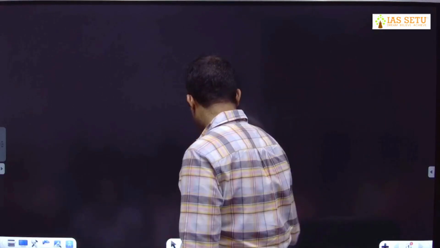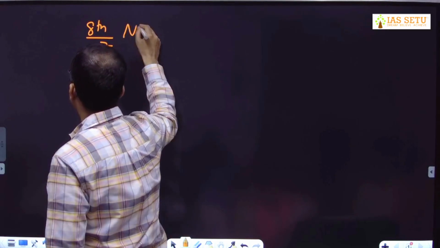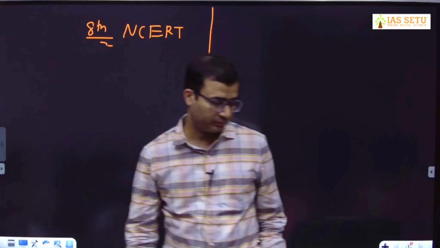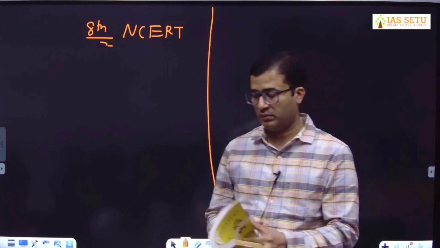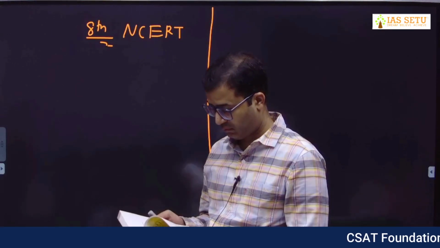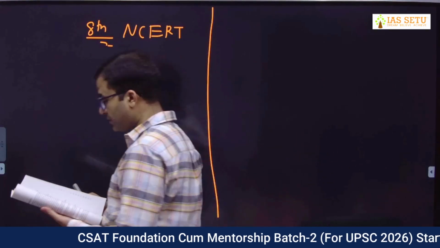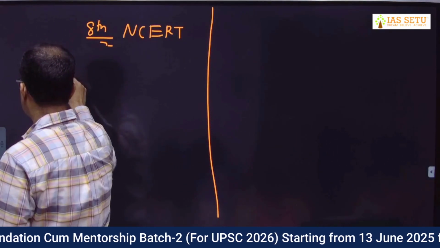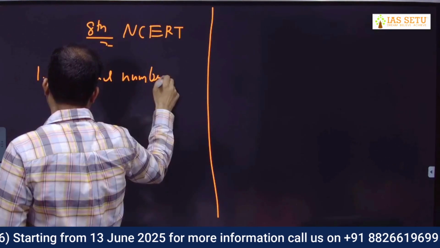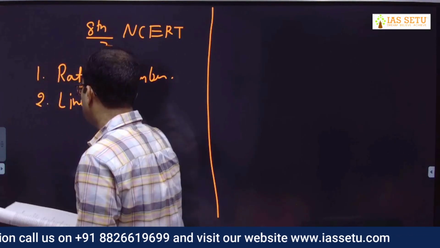I will tell you the chapter list from the 8th NCERT and 8th ICSE board book. NCERT chapter number 1, rational numbers. Chapter number 2, you can try linear equation in one variable.